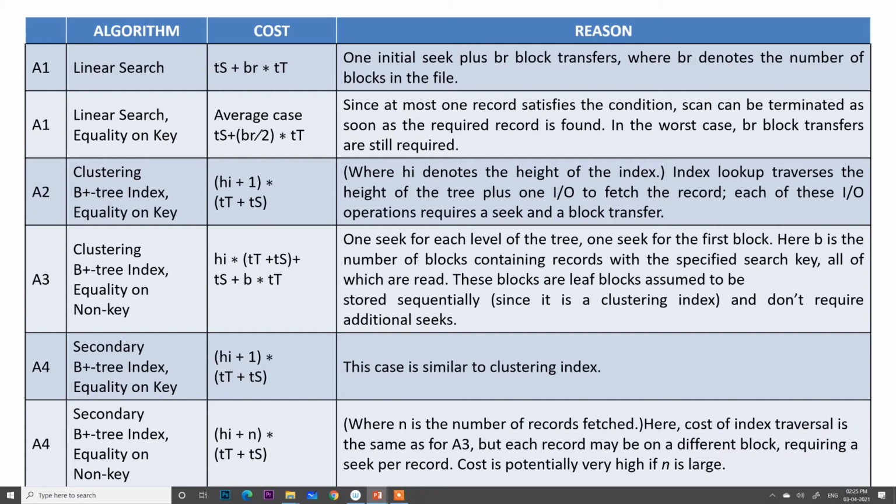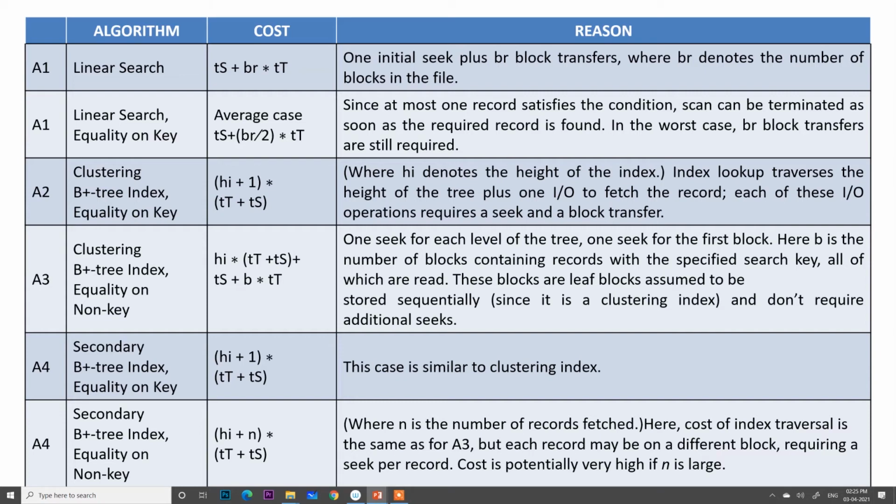Okay, so here HI is the height of the tree. For each and every level, we are performing a seek time and traversal time, and similarly for each block we are performing a traversal time plus a seek time. So together we get the cost of the algorithm.